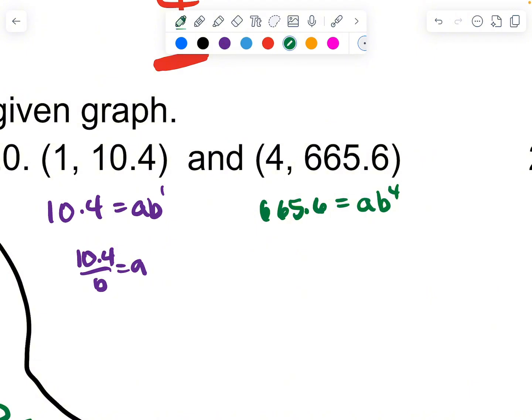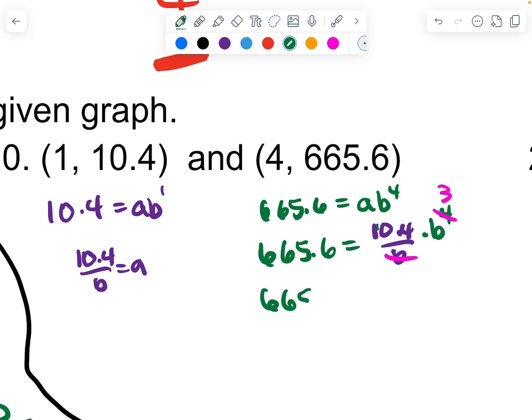Over here, I'm going to do 665.6 equals 10.4 over b times b to the fourth power. That's going to cancel out, and I'm going to get b to the third power. So now I have 665.6 equals 10.4 b to the third power.